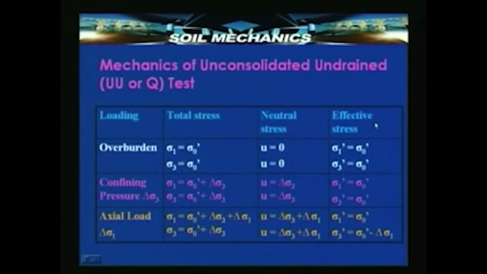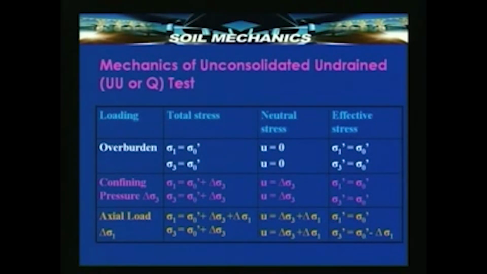Next, if we take the unconsolidated undrained test UU, here since even during the application of confining pressure consolidation is not permitted, we are not allowing any effective stress to develop at all. Then what is the stress that is going to be there in the soil? It will obviously be the stress under which the soil has been formed, that is the overburden stress, pre-existing stress on the soil before the test, before the specimen is extracted and the test is conducted.